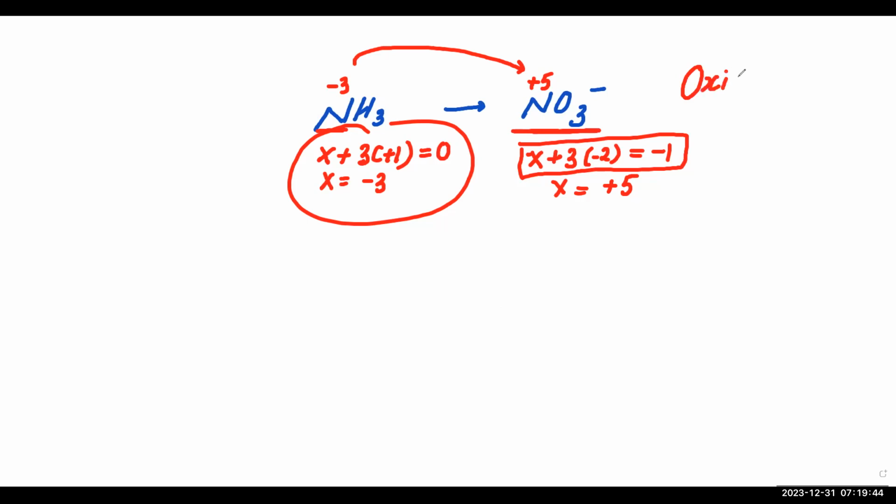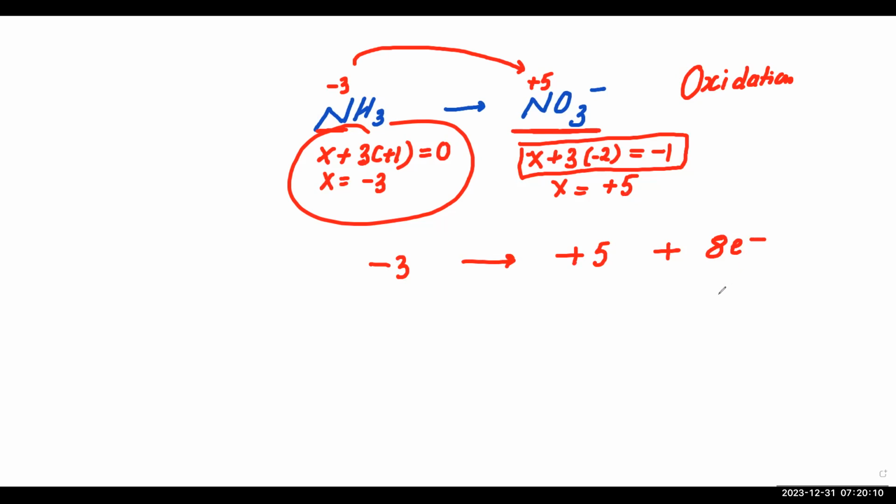Can you tell me how many electrons are given out? Oxidation means electrons are coming out. How many? Minus 3 to plus 5. I have to write electrons on this side. It is 8 electrons, right?